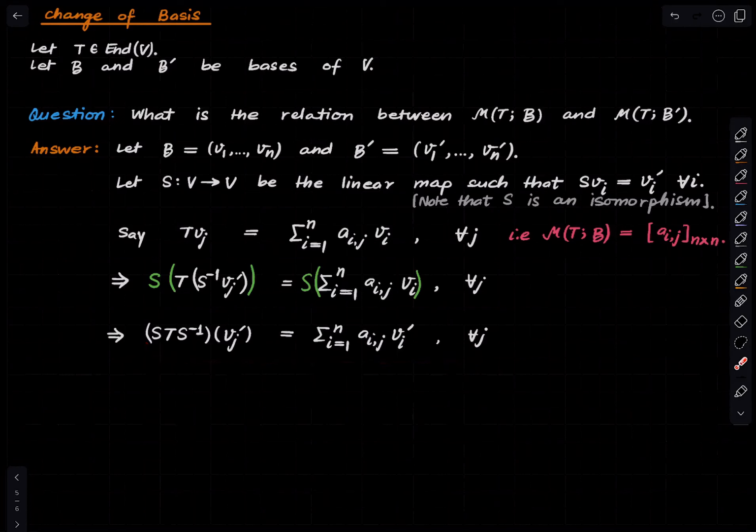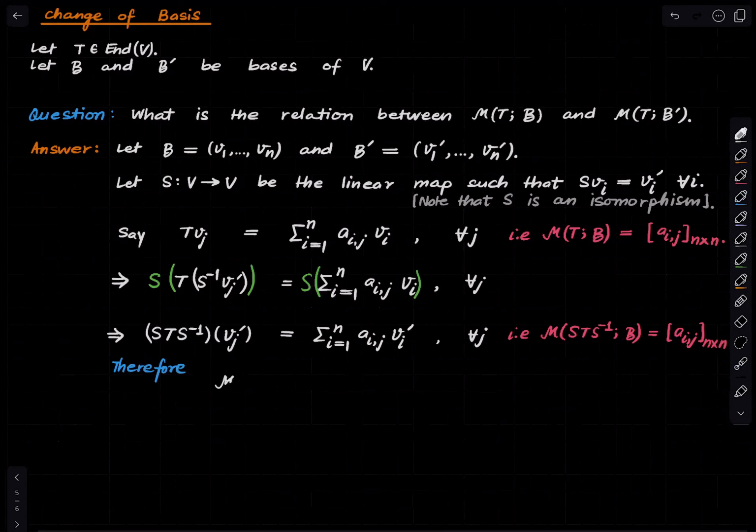But what does this equation now read? This equation just reads that the matrix of S T S inverse with respect to B is the same as this guy, just by definition of matrix of an endomorphism with respect to a basis. So this matrix is the same as that matrix. Therefore, the matrix of S T S inverse with respect to B is matrix of, sorry, this is with respect to B prime, I messed up.